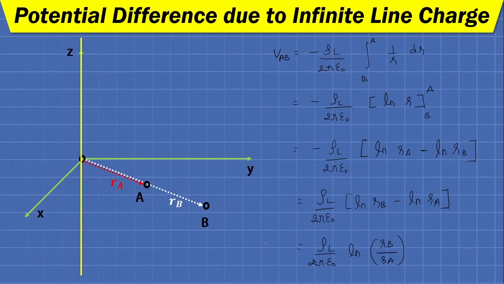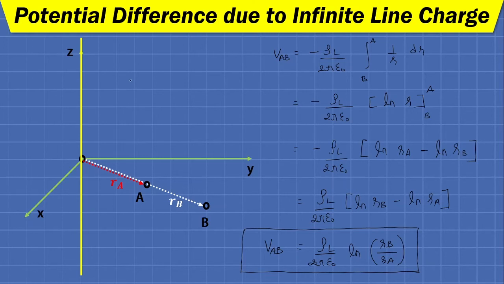This is a very popular and general equation of the potential difference between any two points due to an infinite line charge. Here RB and RA should be taken as the perpendicular distance of the point from the infinite line charge.